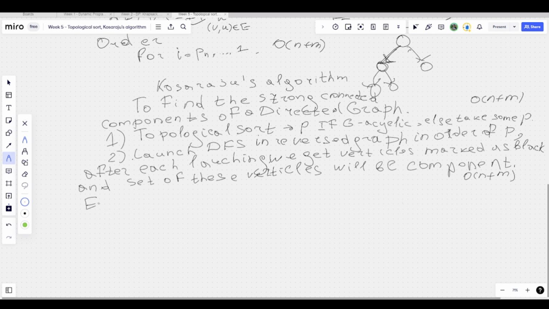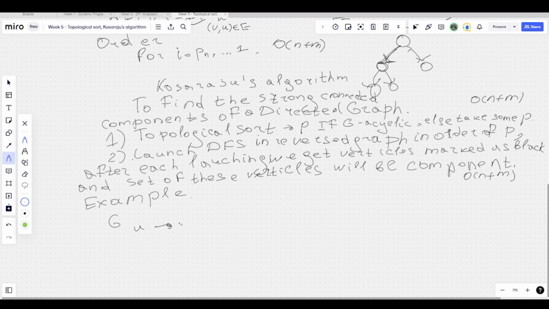Example. Let's consider some example. We launch DFS in the reversed graph. By the way, I didn't define what a reversed graph is.